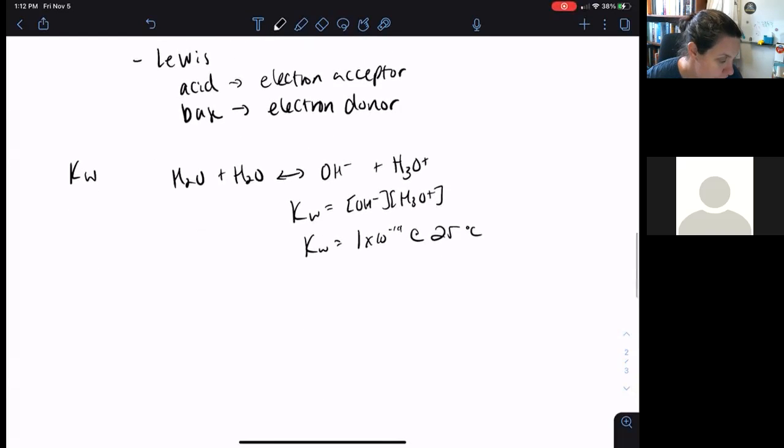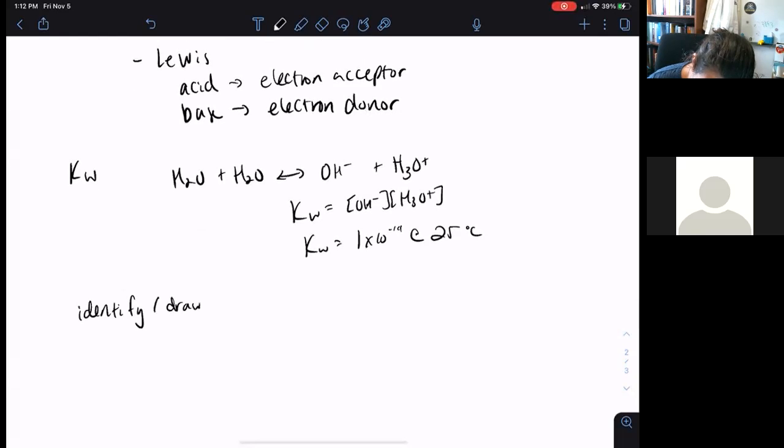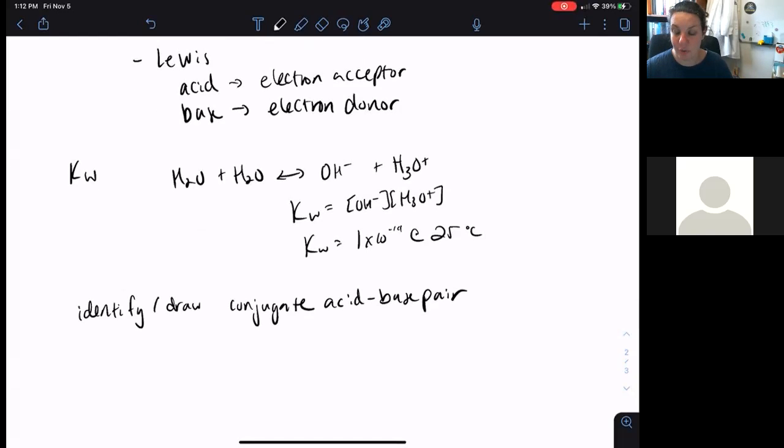You should be able to identify and come up with or draw a conjugate acid-base pair. Keeping in mind that a conjugate acid-base pair is part of the Bronsted-Lowry definition. But you should know that when we talk about an acid and its conjugate, it'd look like that.